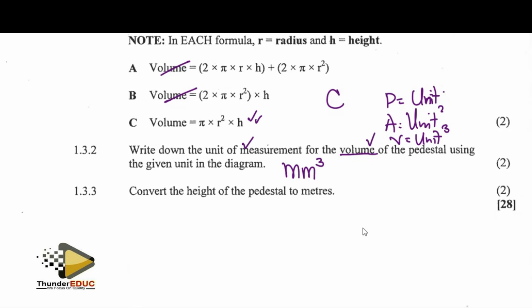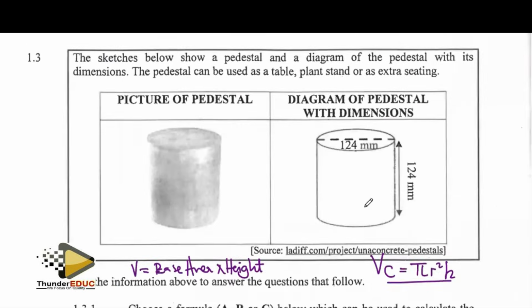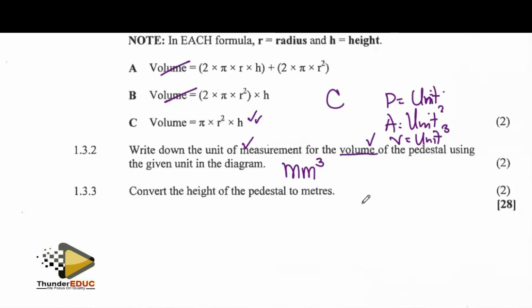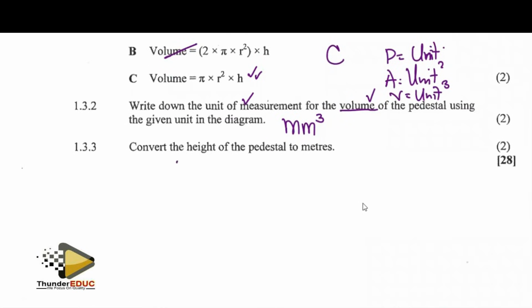Convert the height of the pedestal to meters. When you look at it very clearly, we have the height being 124 millimeters. So 124 millimeters, we want them to become meters. Remember very well, to change millimeters to meters, this is small to big.